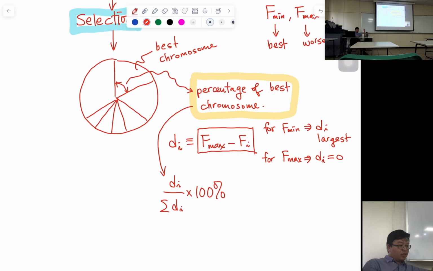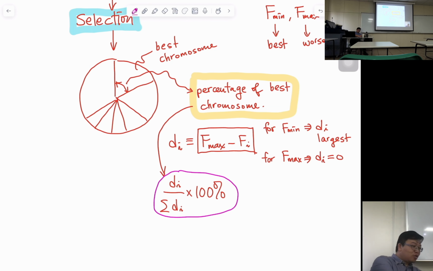If you use this to evaluate a number, it's going to be a percentage. I'm going to use this value to represent the probability of this chromosome being chosen in the next round. So if it's a good chromosome, it has a greater percentage to be chosen. Okay? So it's a probabilistic approach, and the approach tries its best to choose the best one multiple times.